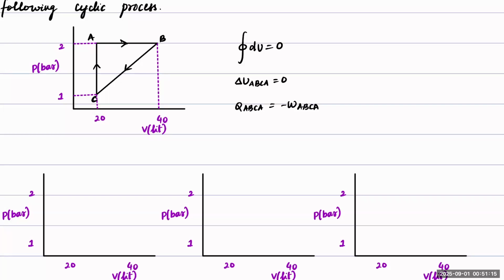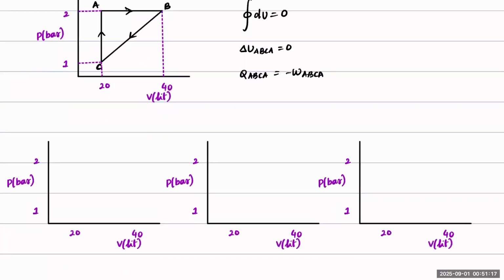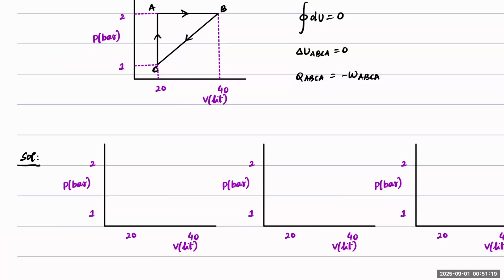Right. So now, if that is the case, I just need to calculate the overall work done. Now, overall work done, when you have a pressure and volume graph, it is always the area under the curve, right? So first, suppose I go from A to B. For A to B, what is the area under this curve here?